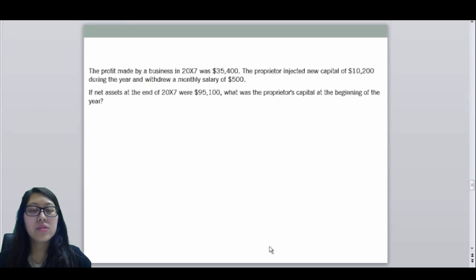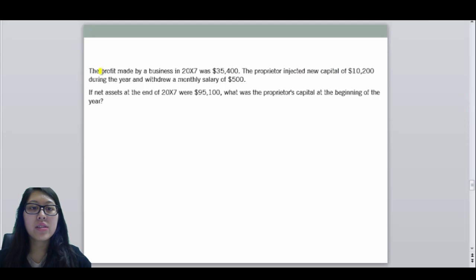Now let's begin doing some questions. So let's read. The profit made by a business in 2007 was $35,400. The proprietor injected new capital of $10,200 during the year.